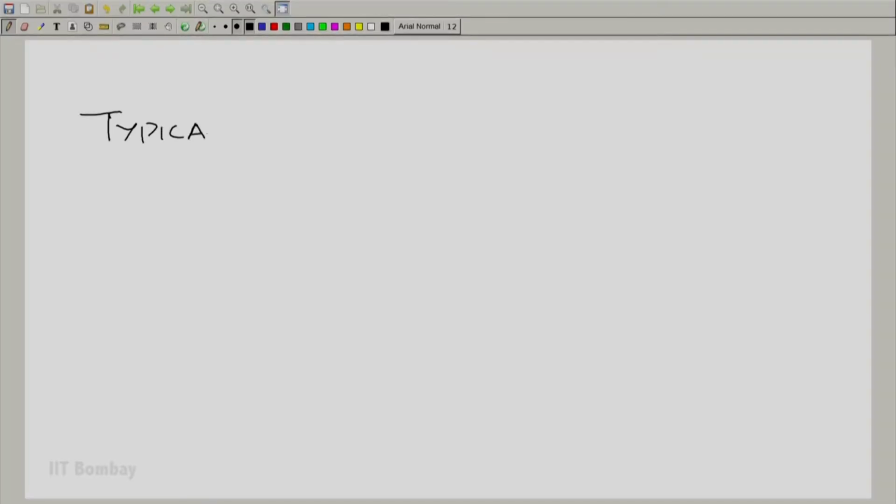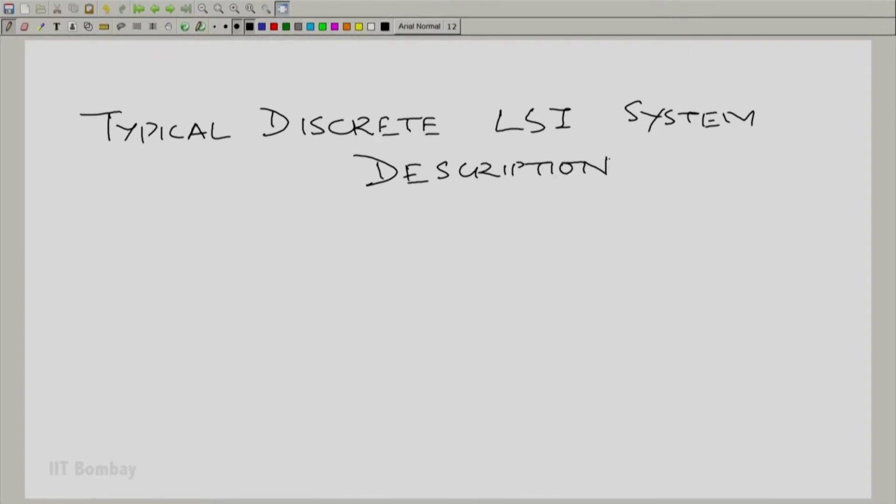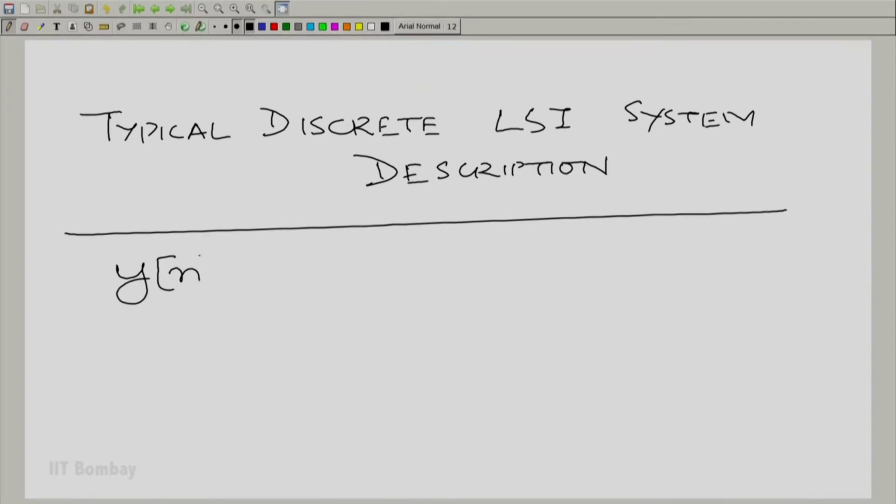Now, let us look at a typical discrete system. In fact, in a typical discrete system, we have the same abbreviation, but a different interpretation. So, let us see. Typical discrete LSI system or system description, to be more precise. Here the output y[n] is equal to some A1 times y[n minus 1] and so on.